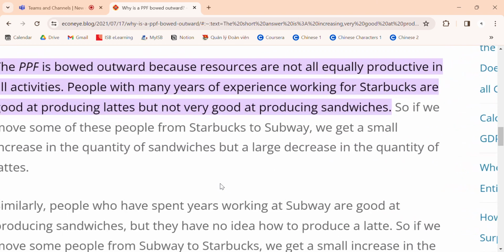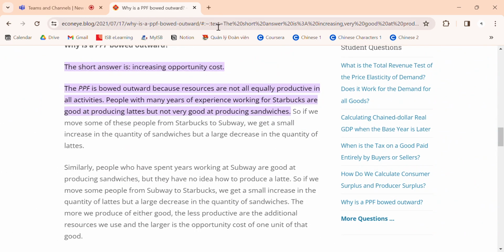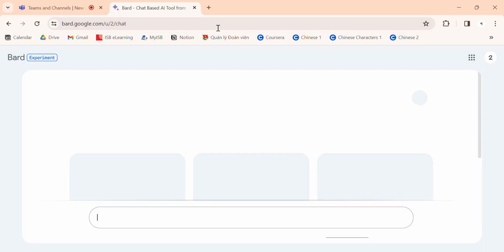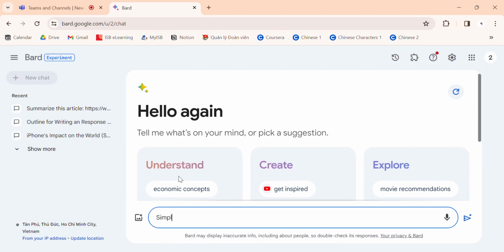That means the opportunity cost will not be the same over time. Okay, right. So that's your opinion. Okay, so thank you a lot.